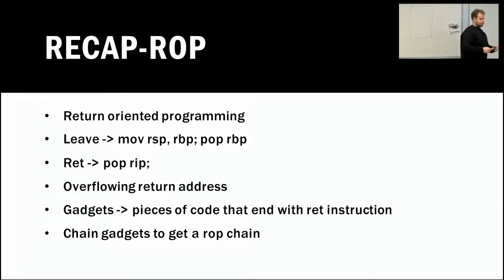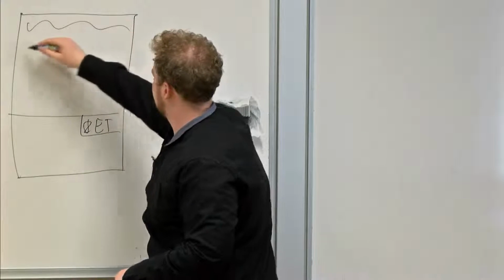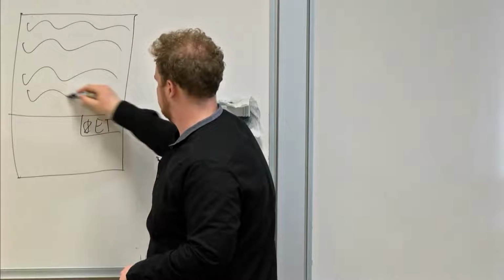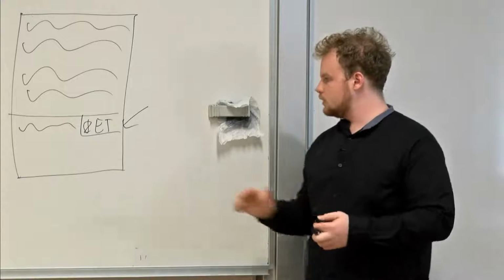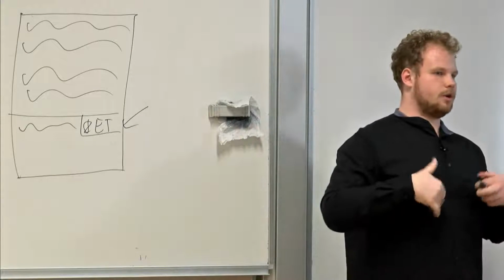When talking about return-oriented programming, we said that in order to be able to control program execution, let's say that the canary I've talked about before does not exist, and we somehow gain control of the return address, and we overwrite the return address with some arbitrary value.